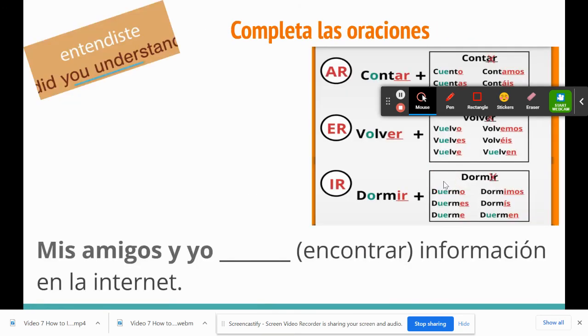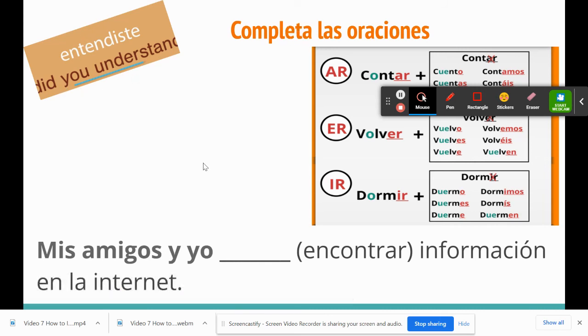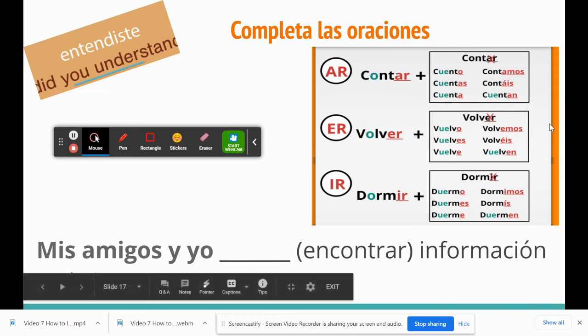Okay, muy bien. Now, completa las oraciones. ¿Entendiste? Did you understand? Now we are going to evaluate your comprehension. You may use this word bank that is on the right-hand side, this picture, to conjugate the words. Please remember that these are not the same words as the word in the parentheses.